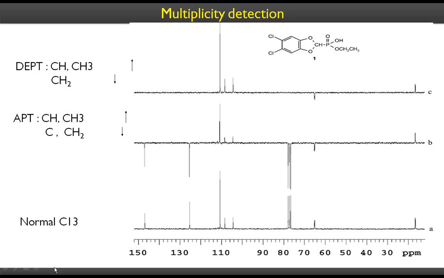If you were to collect the single line normal decoupled C13 NMR, this is how it would look. Everything is a singlet. You don't know which one is for what. If you ask me where the CH is, maybe it is somewhere here, because it's attached to two electronegative atoms, right? So it is pretty much difficult to assign the types of carbons.